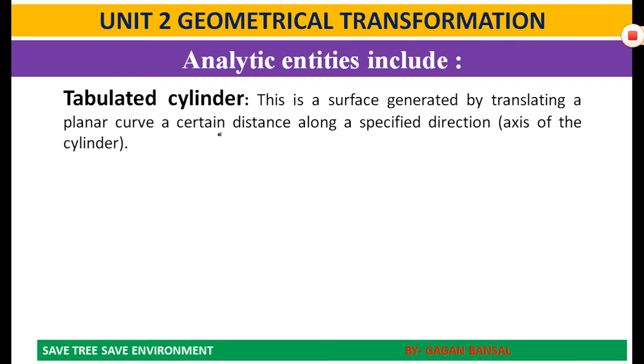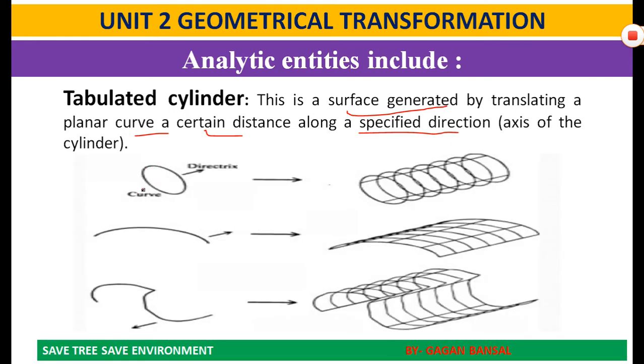Next is tabulated cylinder. This is a surface generated by translating a plane curve a certain distance along a specified direction, that is the axis of the cylinder. As you can see, suppose we have an elliptical curve, and tabulated means when we do the protrusion of any object.